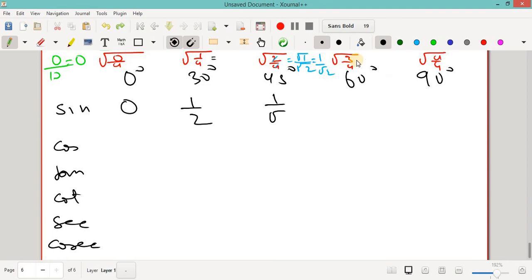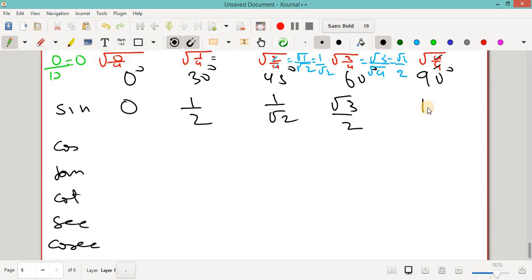This will be root 3 by root 4. Root 3 will be root 3, and root 4 will be 2, because we know 2 is a square, so 2 will come out. That's why it is root 3 by 2. Done. And again, for 90, just cut, it will be root 1 by 1, so the answer will be 1.